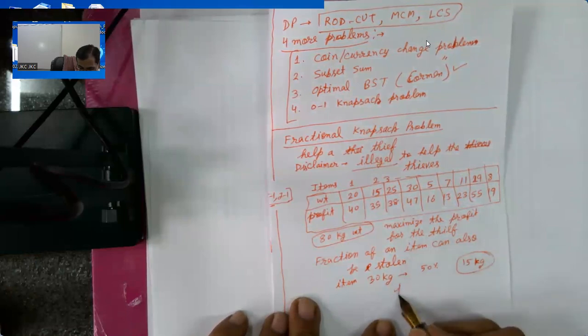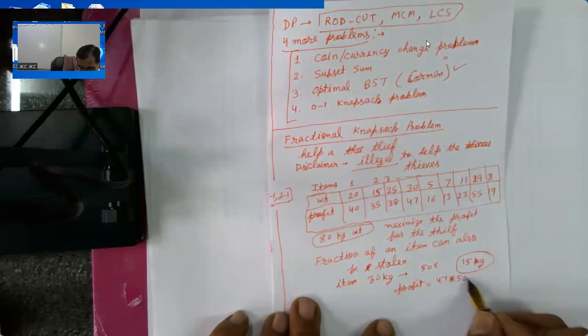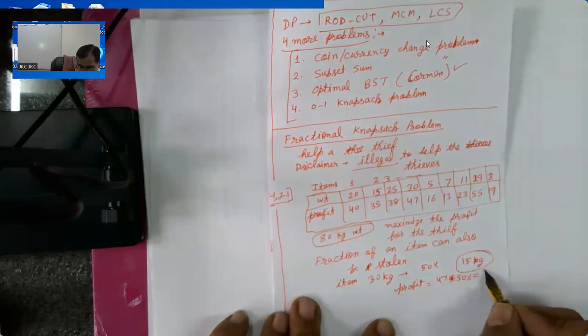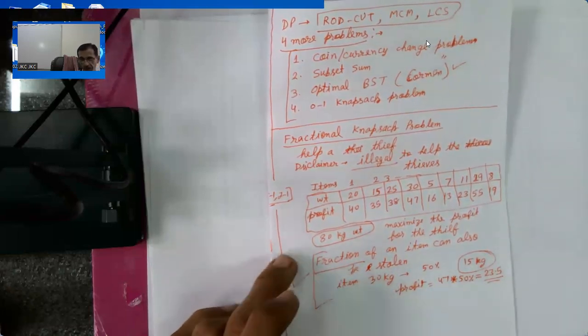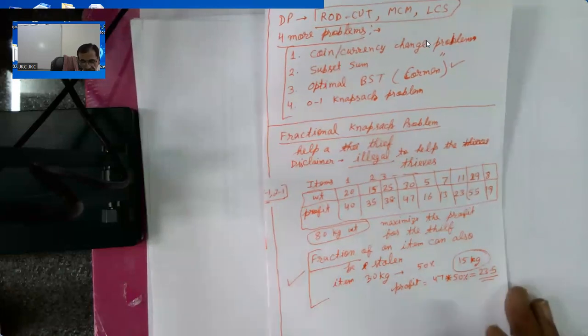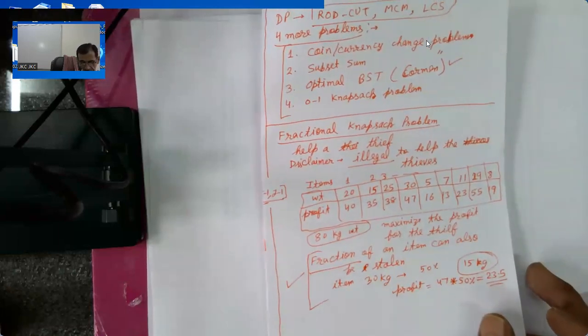That will mean the profit which you will get will be 47 by 2, or 47 into 50%, which will be 23.5. So a fraction of an item is also allowed, and accordingly, you have to help the thief in maximizing the profit.